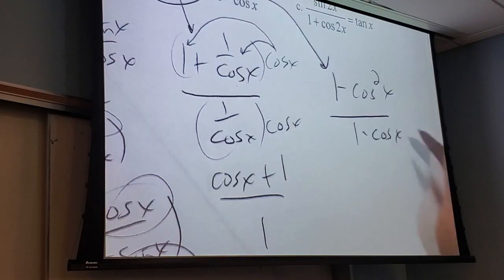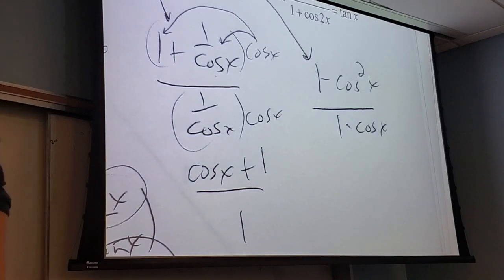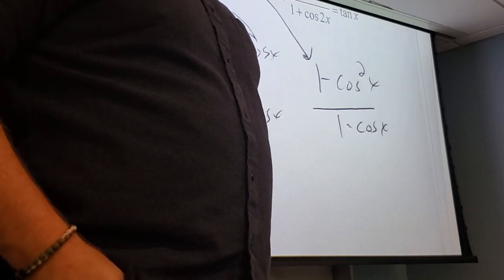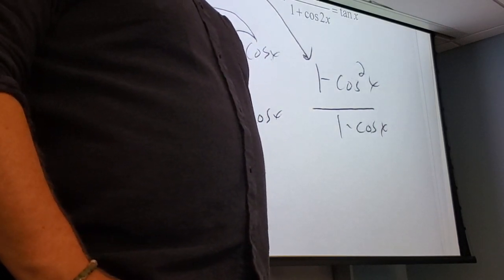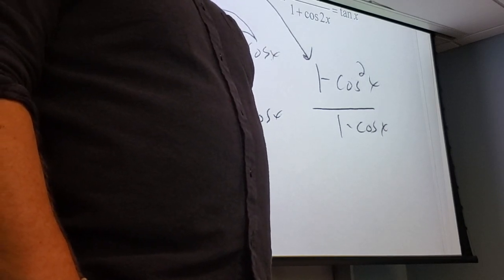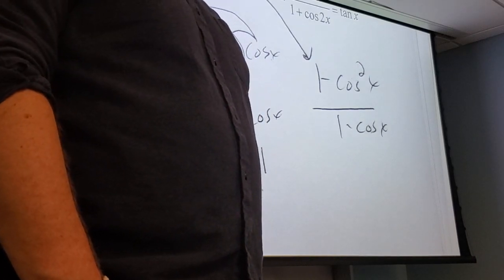And here's where things get really exciting. You can factor the top. No, they don't both have a cosine. There's no GCF. Isn't it a difference of squares? Yes.